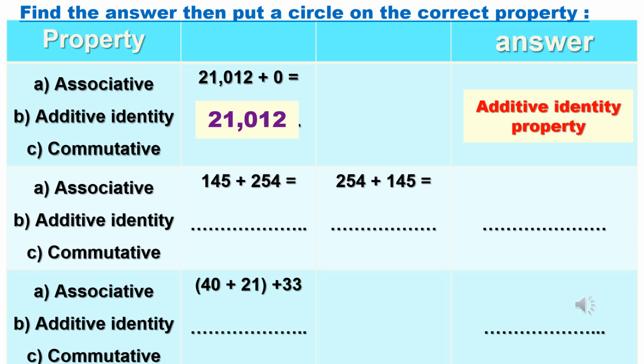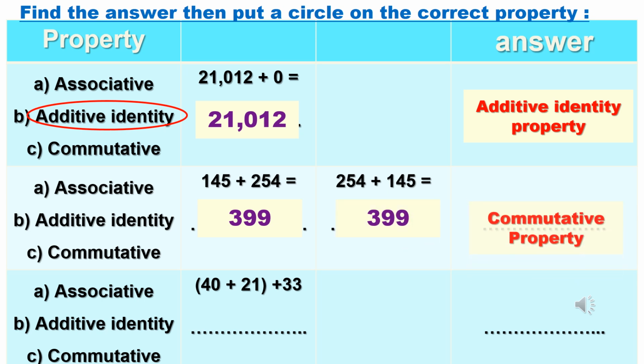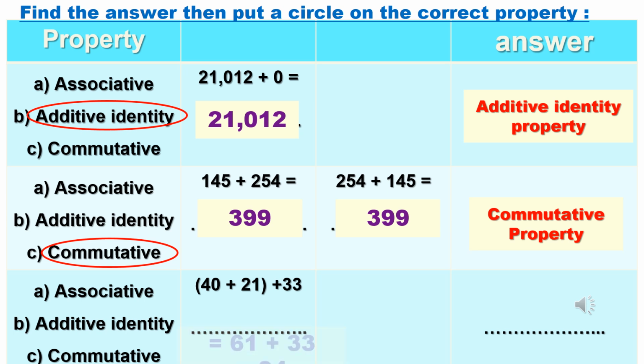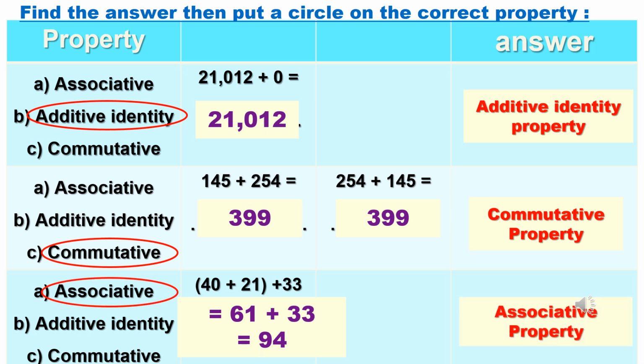Let's get out the sum, which is 399 and 399. The last one here, we have a parenthesis. Inside it, 40 plus 21 equals 61 plus 33 equals 94. So we see parentheses, that means it's associative property.